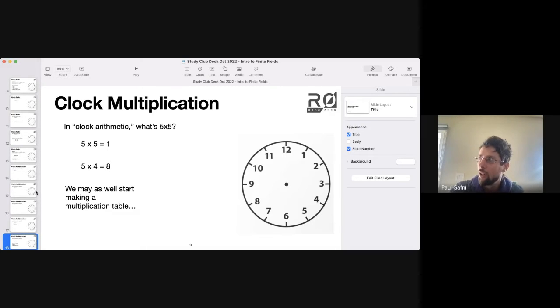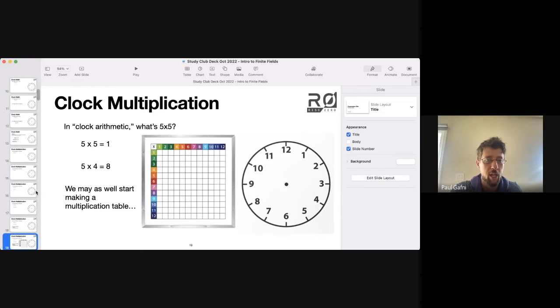At this point, we have the beginnings of a multiplication table. We have 2 basic multiplication problems, and we have 12 numbers, so just like in elementary school, we could start filling out a multiplication table. Here are the 2 multiplication problems we've done so far. 4 times 4 turns out to be itself, which is a cool feature.